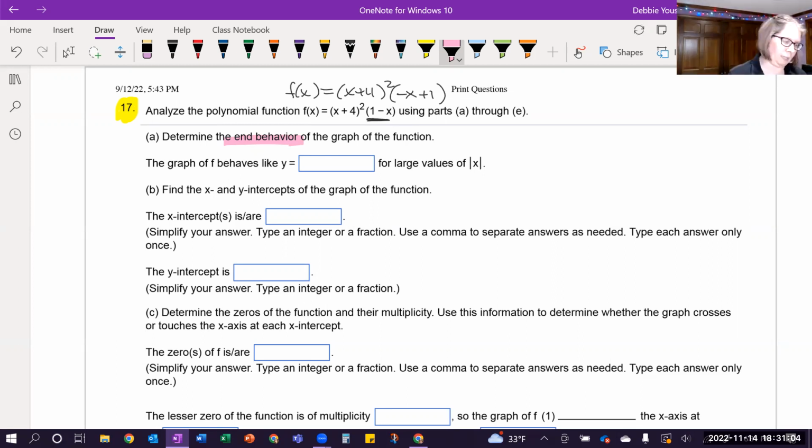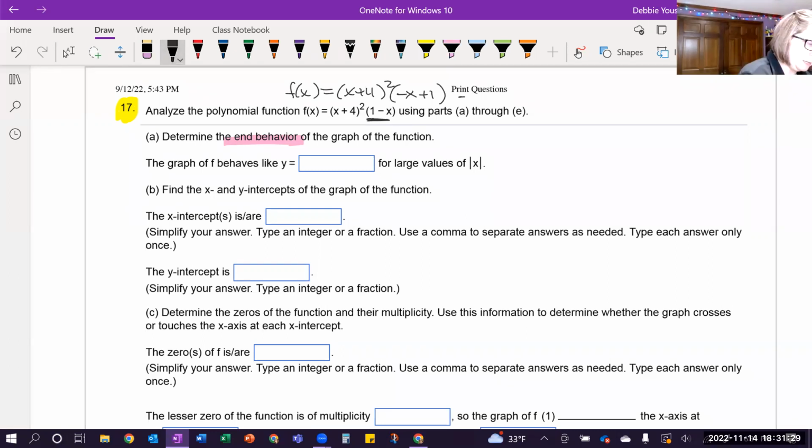Well, it depends on what the first term would look like as a power function if this was expanded out. So what do I mean by that? I mean, if I were to multiply out x plus 4 squared, I'd have x plus 4 times x plus 4. The first product I have would be an x squared. And then I'd have some other terms.